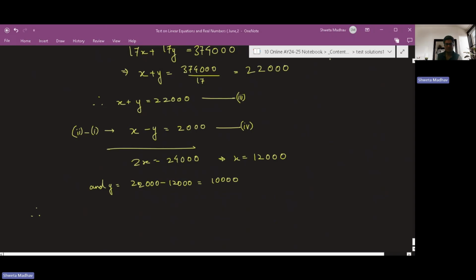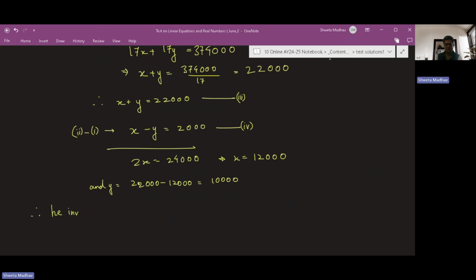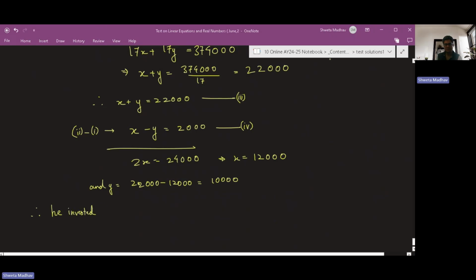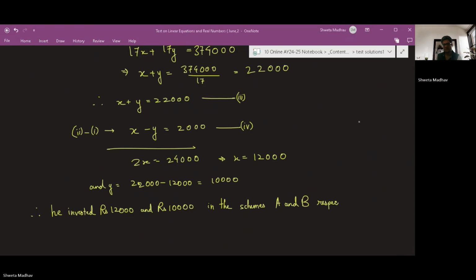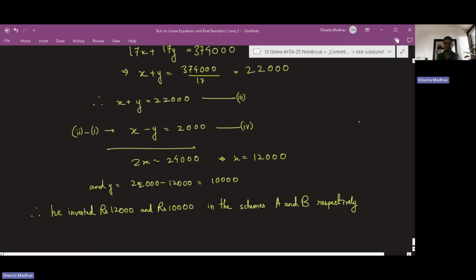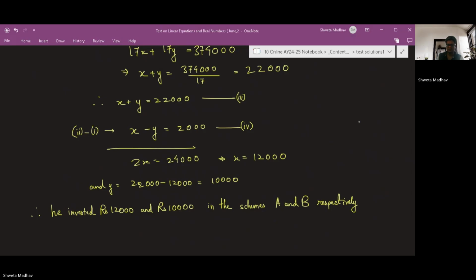So therefore we can say that he invested rupees 12,000 and rupees 10,000 in the schemes A and B respectively. So this is the answer.